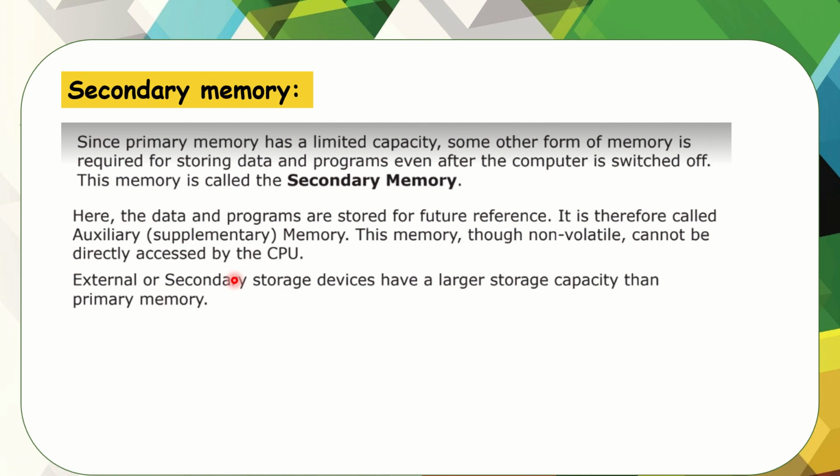Got it? So external memory, or secondary storage devices, have a larger storage capacity than primary memory. As we have discussed, ROM has less capacity than RAM, and primary memory has less capacity in comparison to secondary memory.